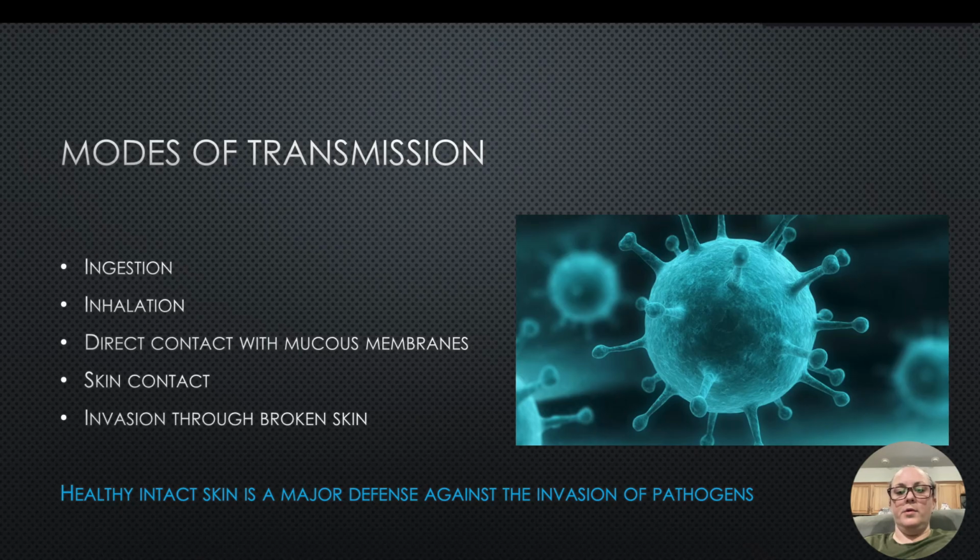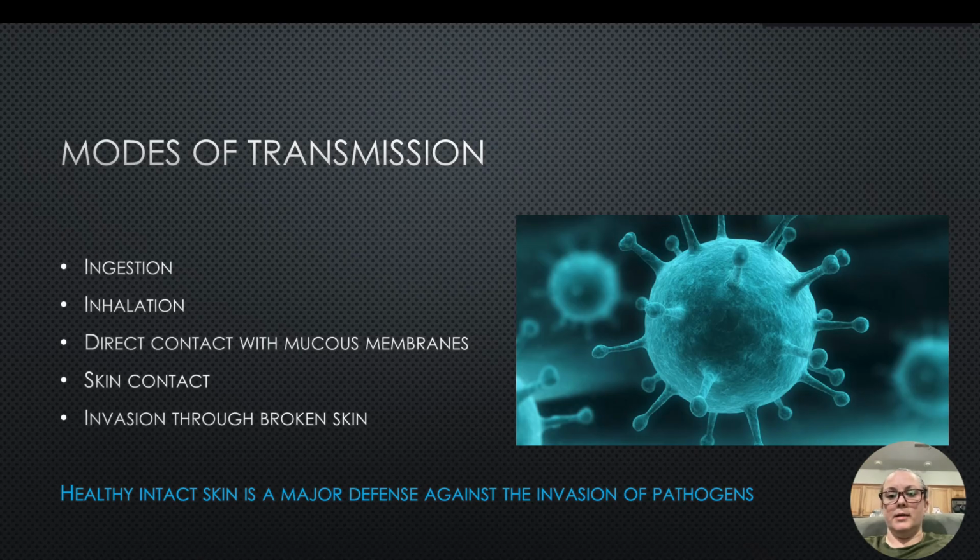Direct contact with mucous membranes. That could be, again, kissing somebody who might be sick or any kind of sexual acts where you are directly mixing fluids with your mucous membranes. Skin contact is a good one.